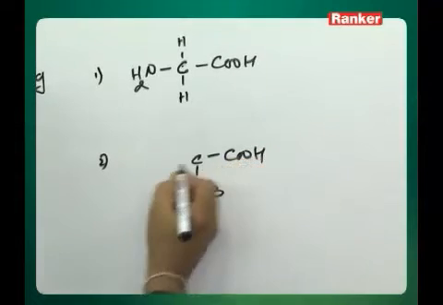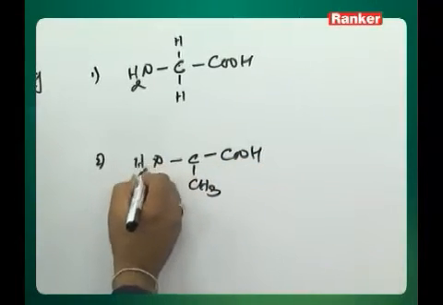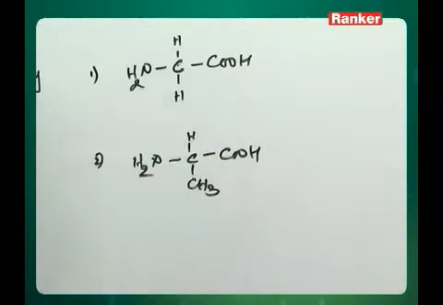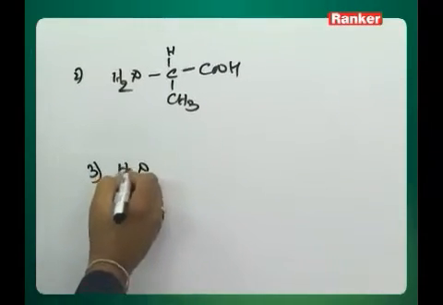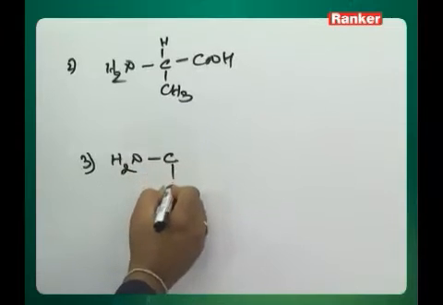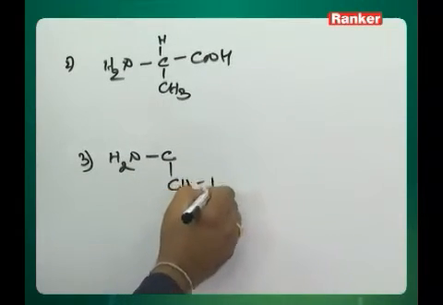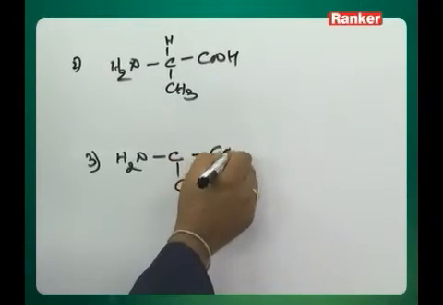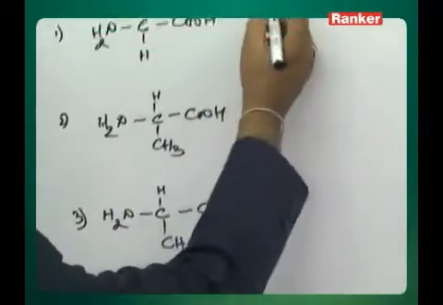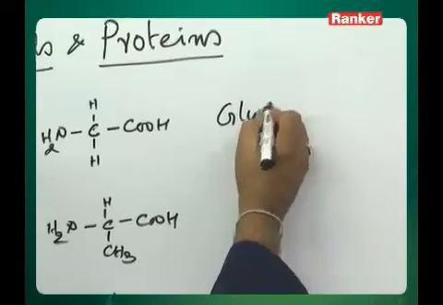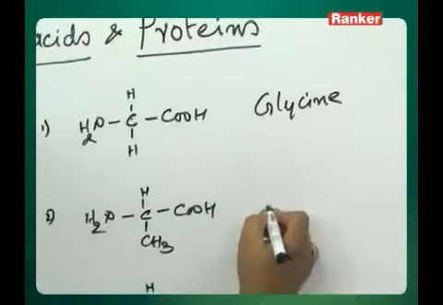The structure of the amino acid goes on increasing. If the CH3 becomes a little more extended, a phenyl group, and so on, a series of amino acids exist in nature. This is called glycine. This is called alanine.